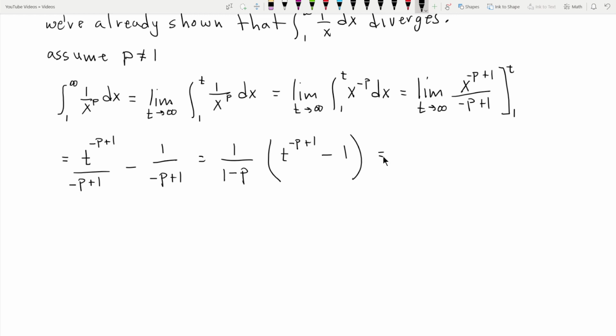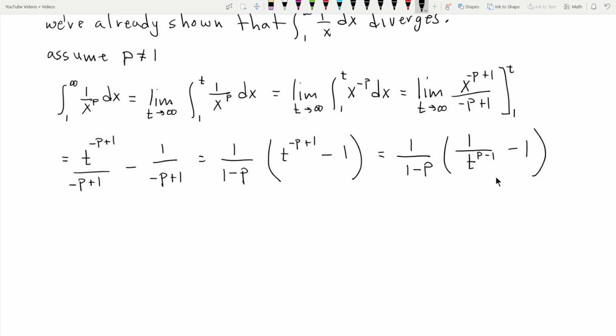Right? And t to the minus p plus 1, I can drop that into the denominator if I negate the exponent. So we're going to have 1 over 1 minus p. And then in here, that's going to be 1 over t to the p minus 1, minus 1.